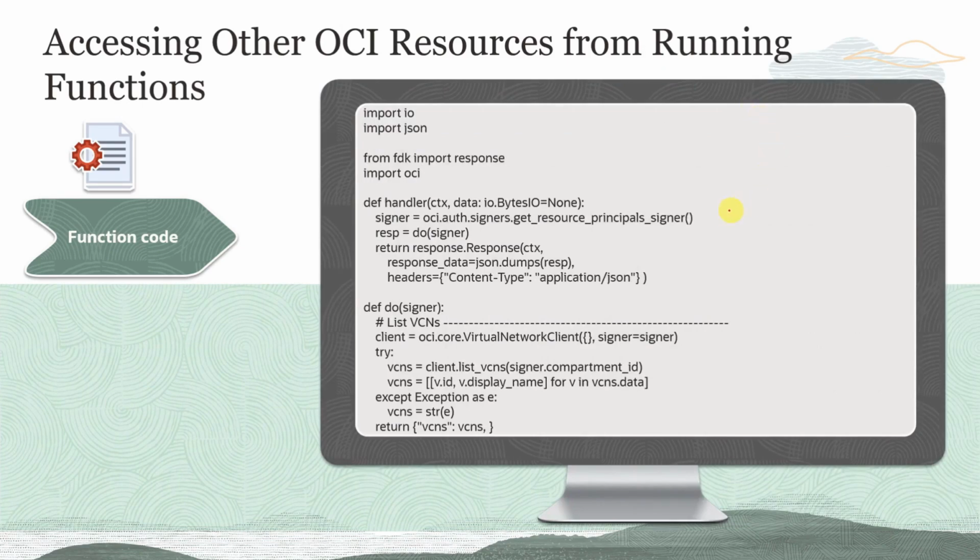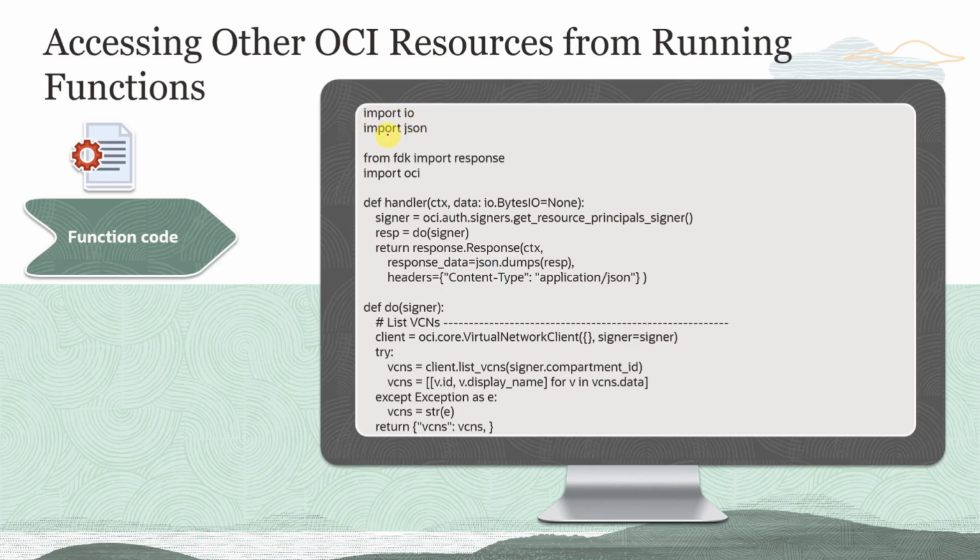Let's go through the Python code example, which shows how to use the Oracle Resource Principal Provider to get a list of virtual cloud networks from the Oracle Cloud Infrastructure. The statement import io is basically importing a core Python library used here for handling IO operations.